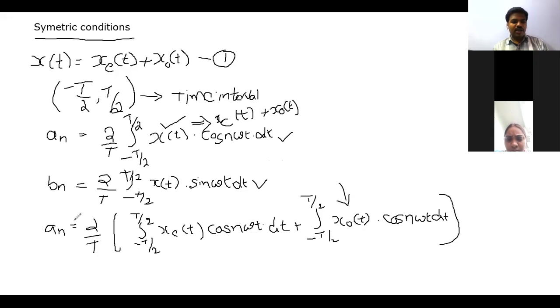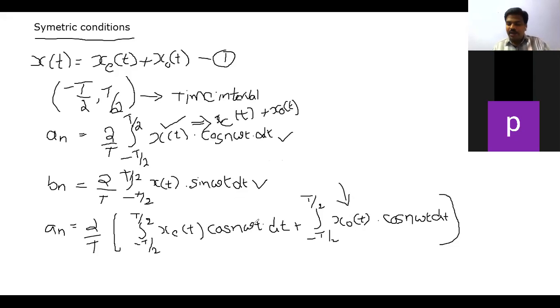Now see here, an is equal to 2 by t. The complete integral is divided into two parts. The first part is completely the product of two even functions. See, cos n omega t is an even function. Xe of t is also an even function. But for the next integral, x naught of t is the odd component of the function and it is multiplied by the even function.